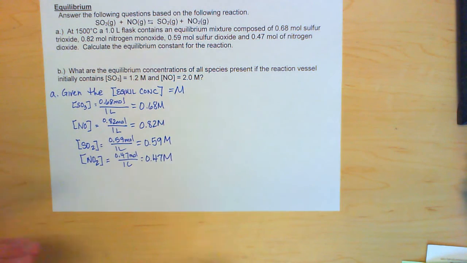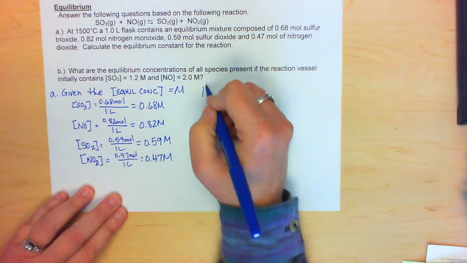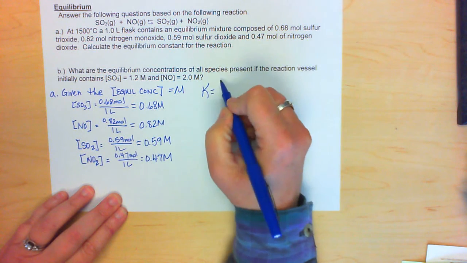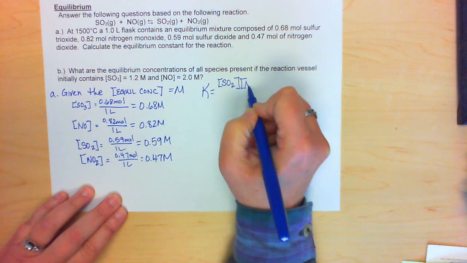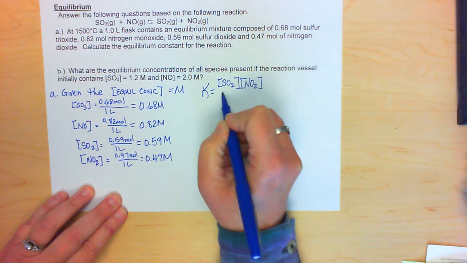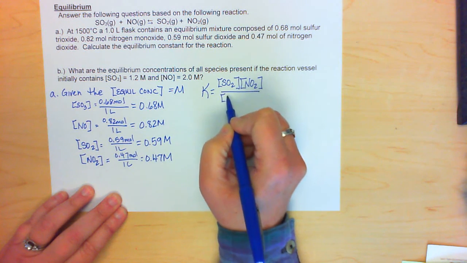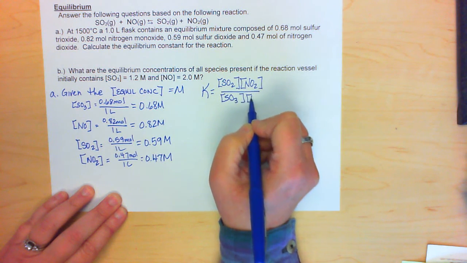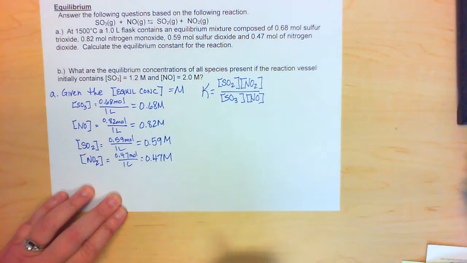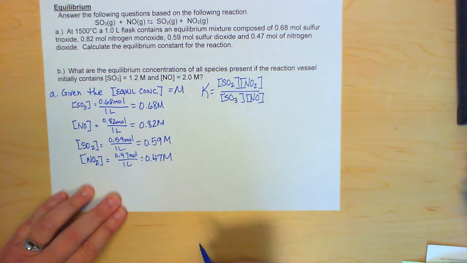Now, we know that these are the equilibrium concentrations because we were told. We want the equilibrium constant. So K, the equilibrium constant, remember, is products, SO2 times NO2, divided by the reactants, SO3 times NO. Okay, remember order of operations.